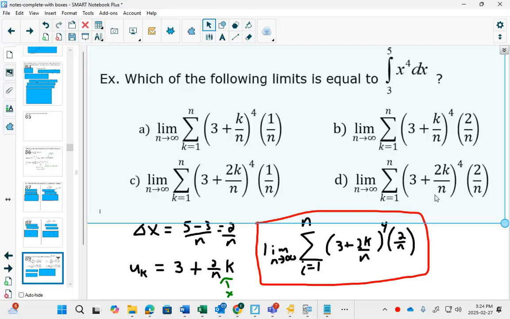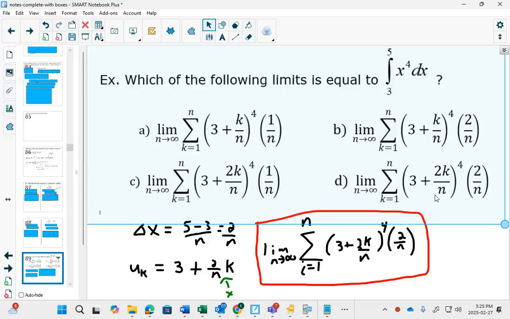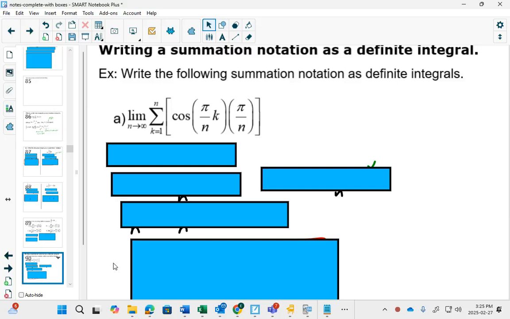Maybe we have time to do a little bit more. Let's do a little bit more. Now can you work backwards? You've got the sum. Could you write the definite integral?